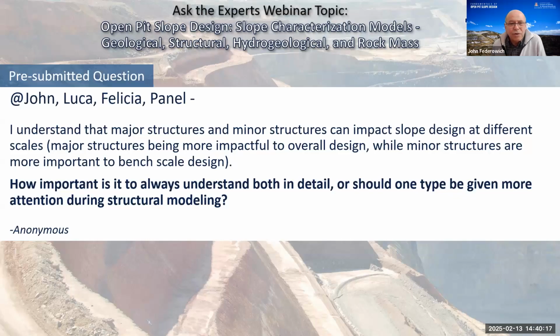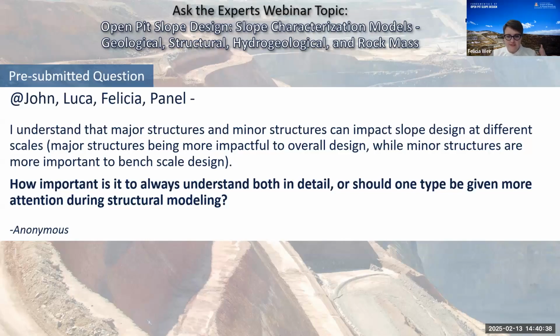The minor structures are going to be needed in order to understand the finer detail of the fabric and how it's been domained. I can pass that on to Luca, Felicia, if you have some other comments.